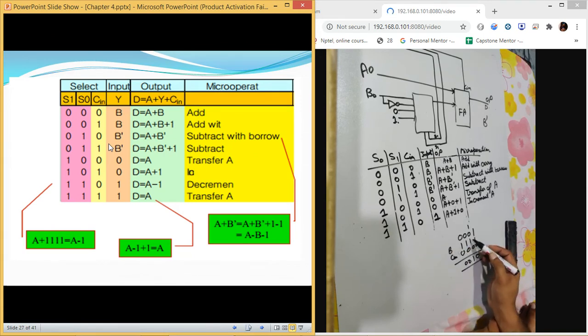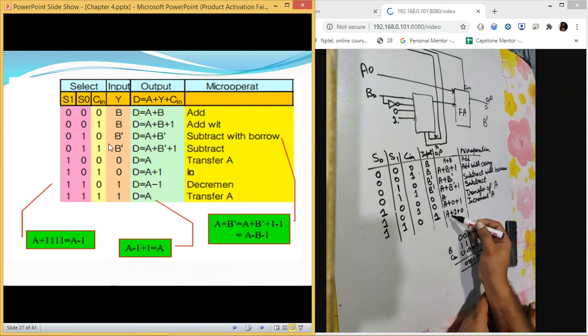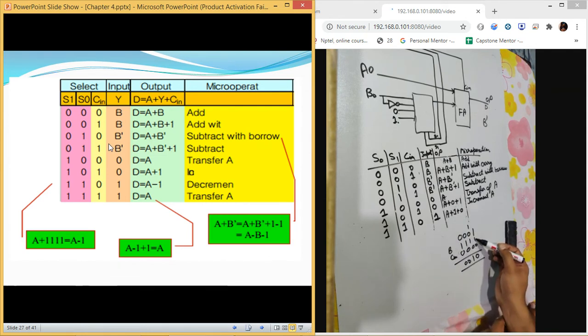If you remember, the decrement operation is simply adding a value 1111 from B dash. So A value is there, and at this place we have the value 111. So it is simply a decrement operation.